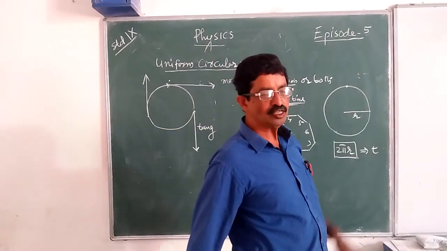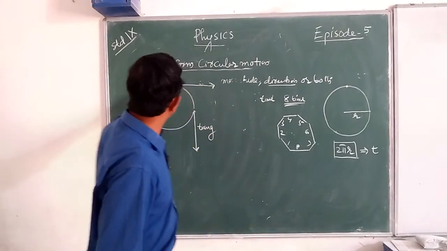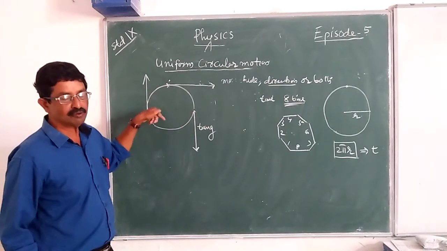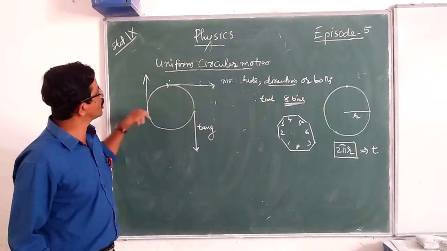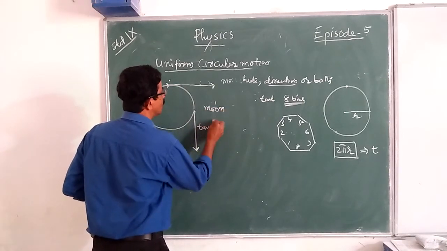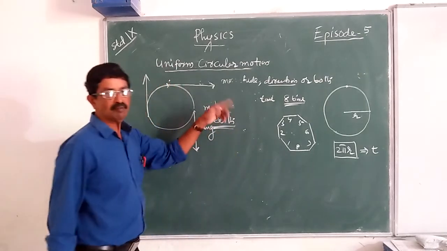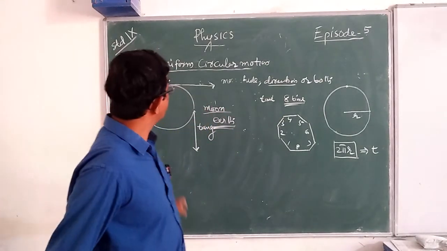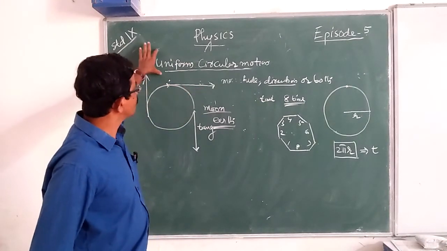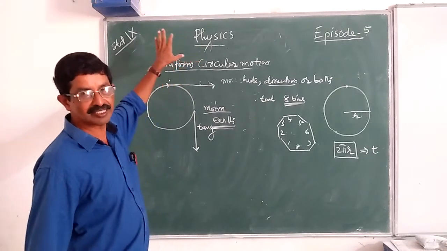The sun is also moving, but we cannot observe its actual rotation. But we can find the rotational motion, the rotation and revolution, of the moon. These are all moving with a uniform speed, but its direction is changing. Then also that is under uniform circular motion. These are things you want to remember.